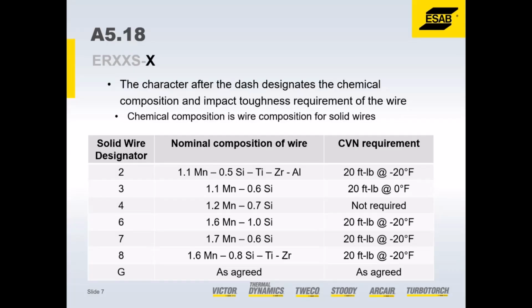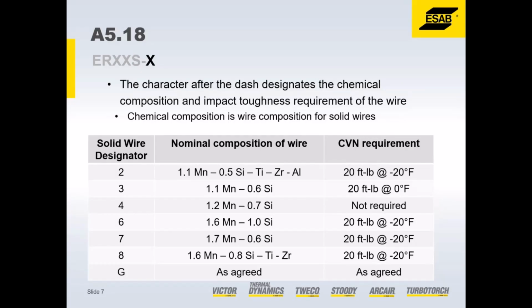The biggest effect that we see here is the silicon content, and also the amount of deoxidizers, whether that be titanium or aluminum, zirconium, that we see there. And again, G is going to be as agreed upon between the purchaser and the supplier.